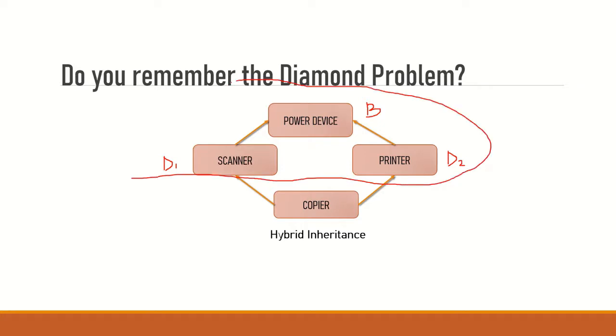This structure, when there is only one base class and multiple derived classes, we call hierarchical inheritance. Okay, I hope you remember.